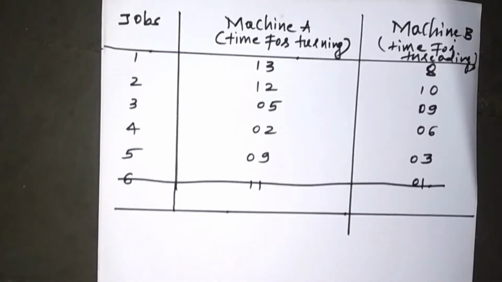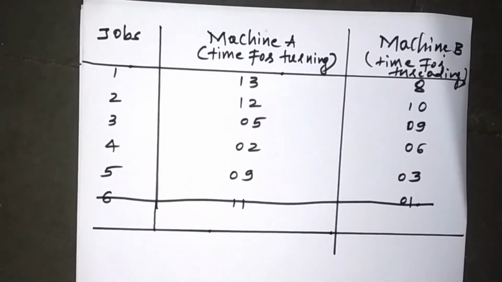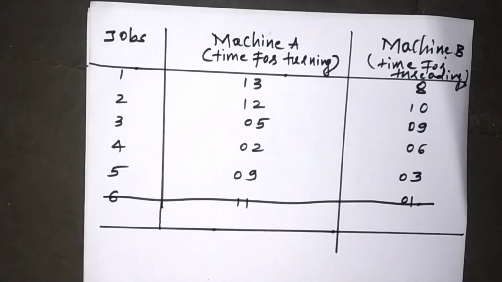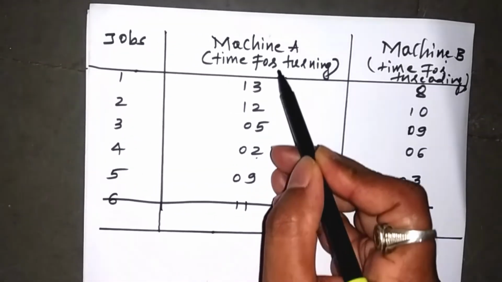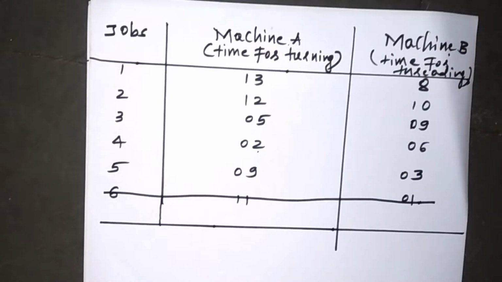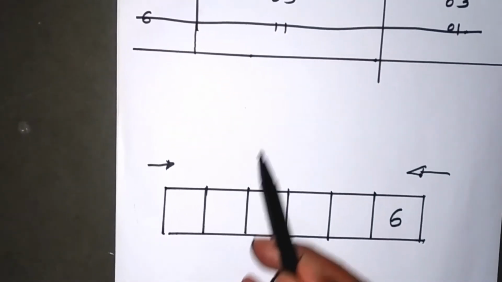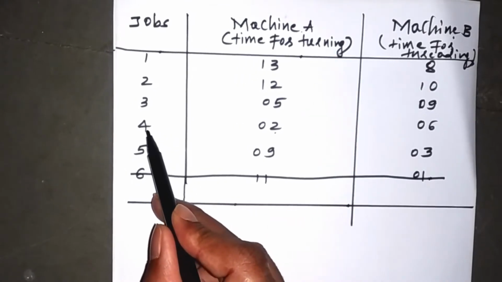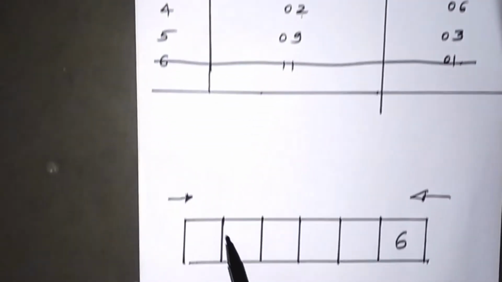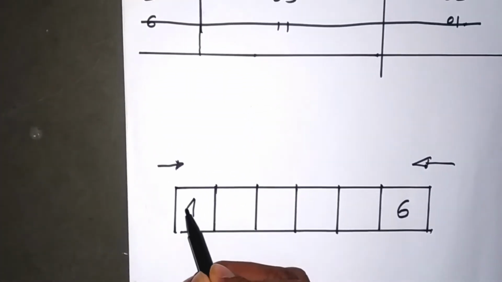Now the next step is to find out the next minimum number. The next minimum number is 2. This 2 is present on machine A, which means I have to sequence from this side. And this 2 is for job number 4. So job number 4 will be sequenced first here.